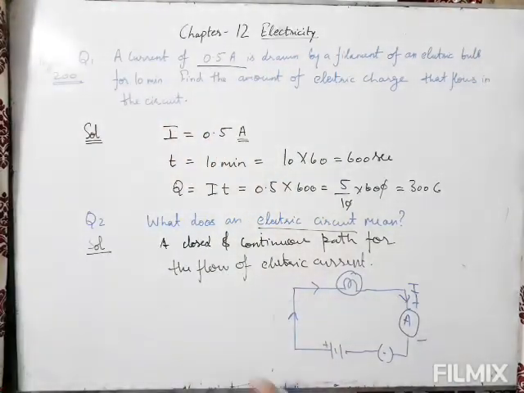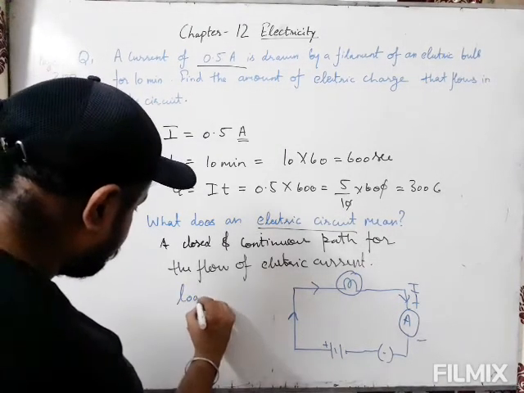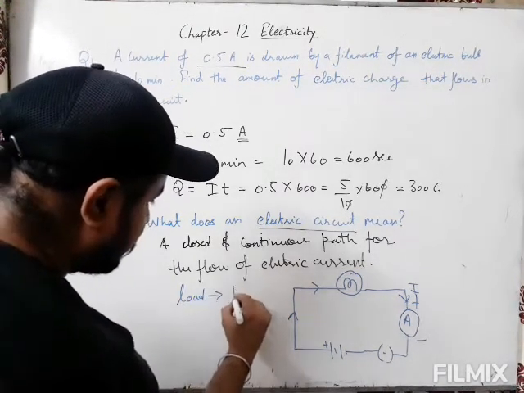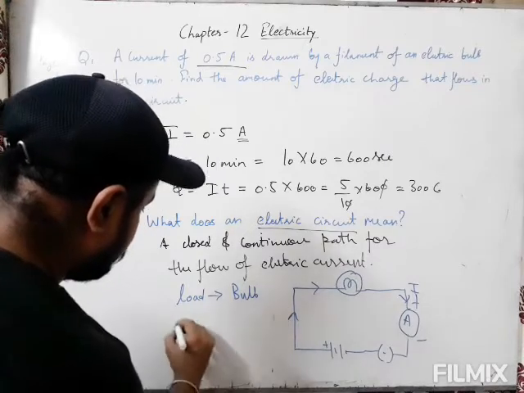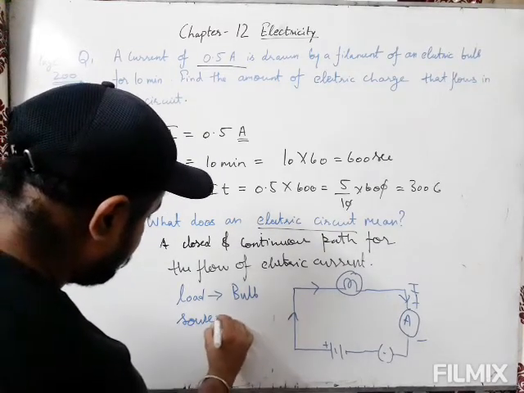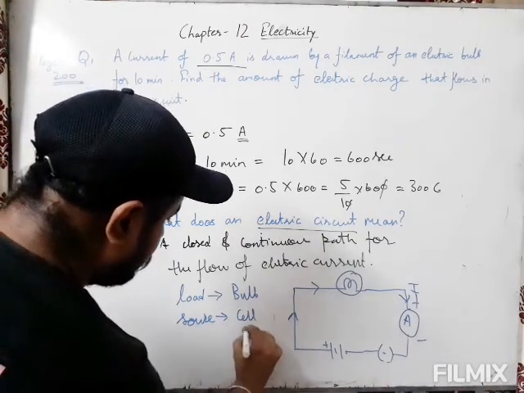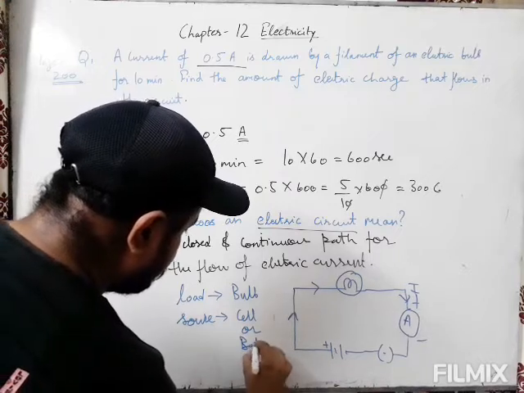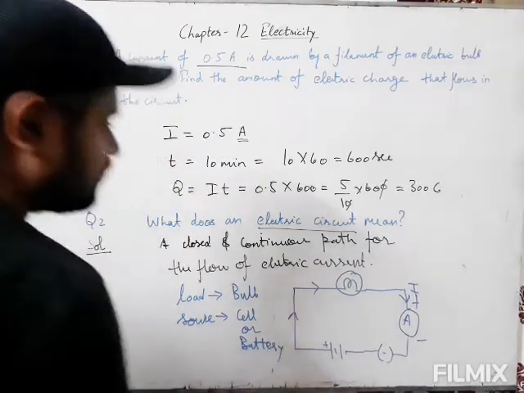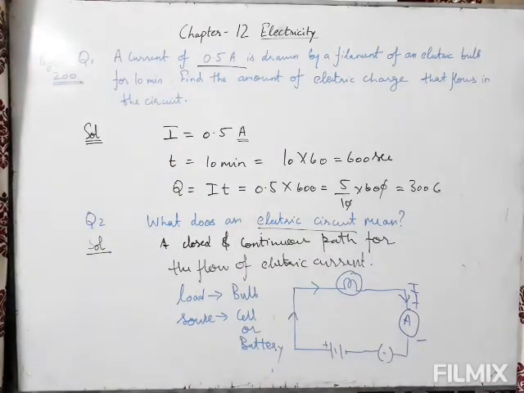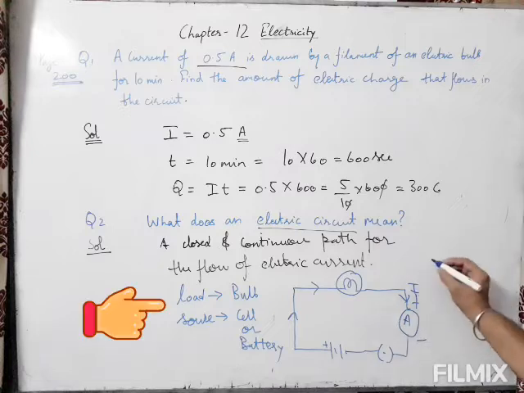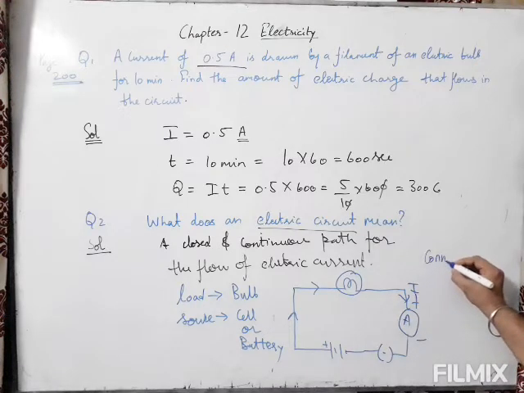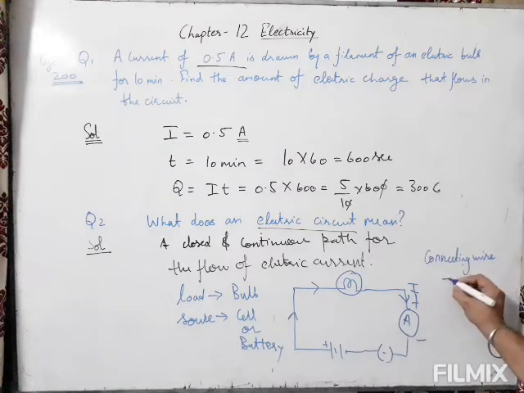So a schematic closed diagram in which there is a load that consumes electricity, that can be a bulb, a source, that can be a cell or battery. For connecting the circuit we require connecting wires that are mainly made up of copper.